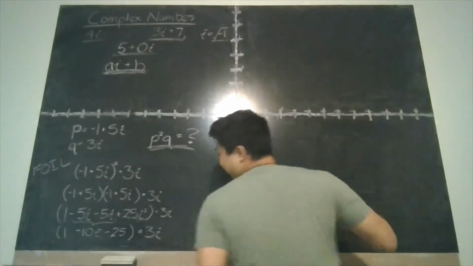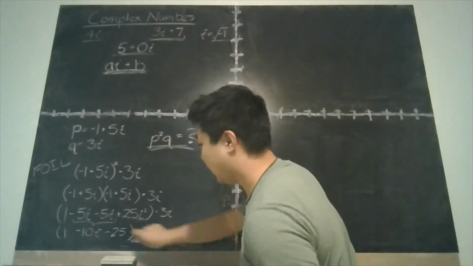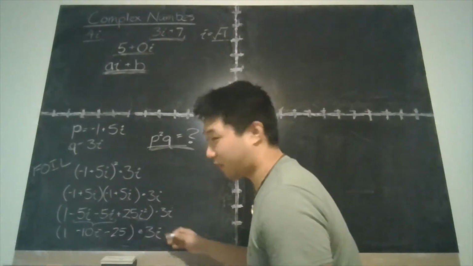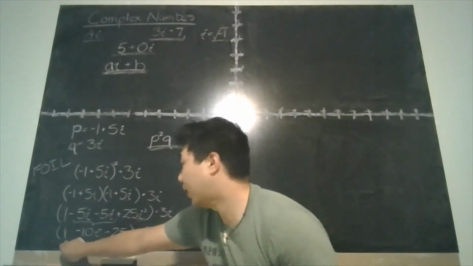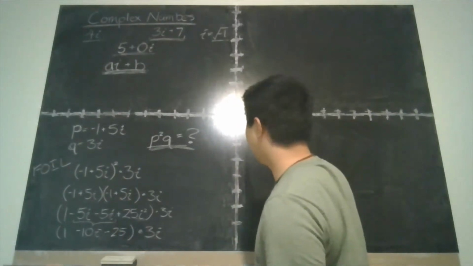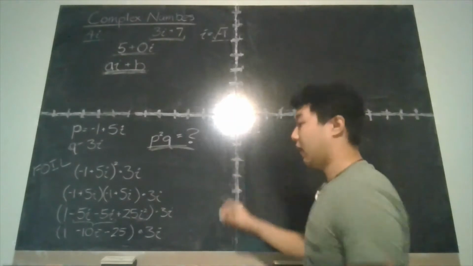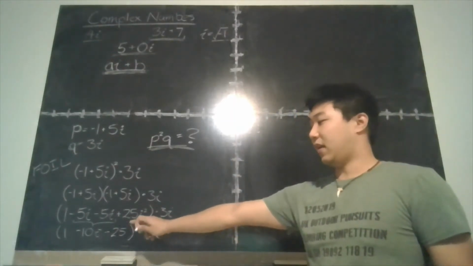Let's move over here. So we need to multiply this 3i into this entire expression. So the distributive property is our friend here. We'll do 3i times 1. That's just 3i. Then we have 3i times negative 10i.